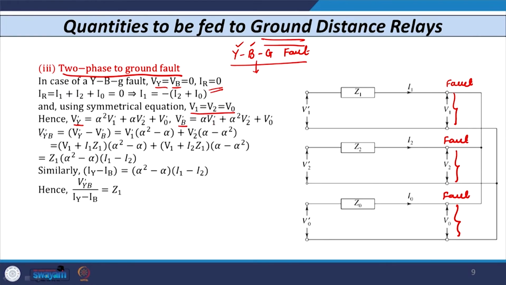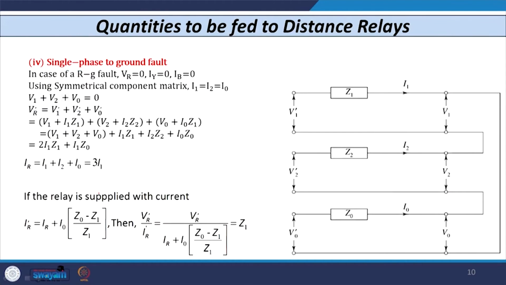If I calculate Vyb dash by taking the difference of Vy dash and Vb dash and solve it, I finally get Z1 into alpha square minus alpha into I1 minus I2. Similarly, for Iy minus Ib we have this value, and if I take the ratio of these two, we definitely get Z1, which is the positive sequence impedance. So the relay will measure the correct value of impedance.